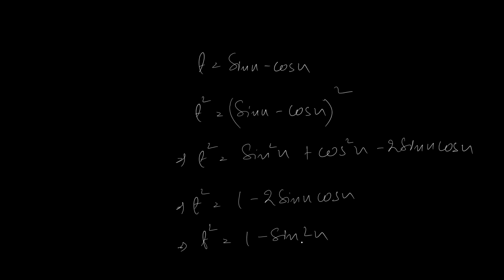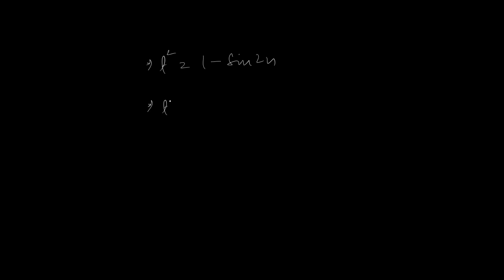So t square minus 1 is equal to minus sin 2x, so 1 minus t square is equal to sin 2x. Sin 2x is equal to 1 minus t square.